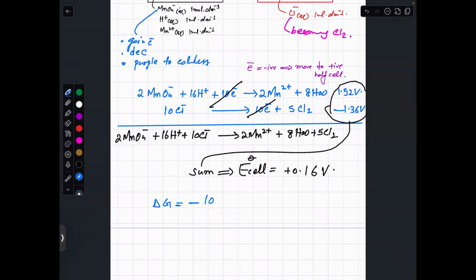The electron transfer: it's gaining 10, it's losing 10. So 10. F is 96500 coulomb constant. And E cell is 0.16, divided by 1000, and you will get your answer. And your delta G is negative, spontaneous, feasible.